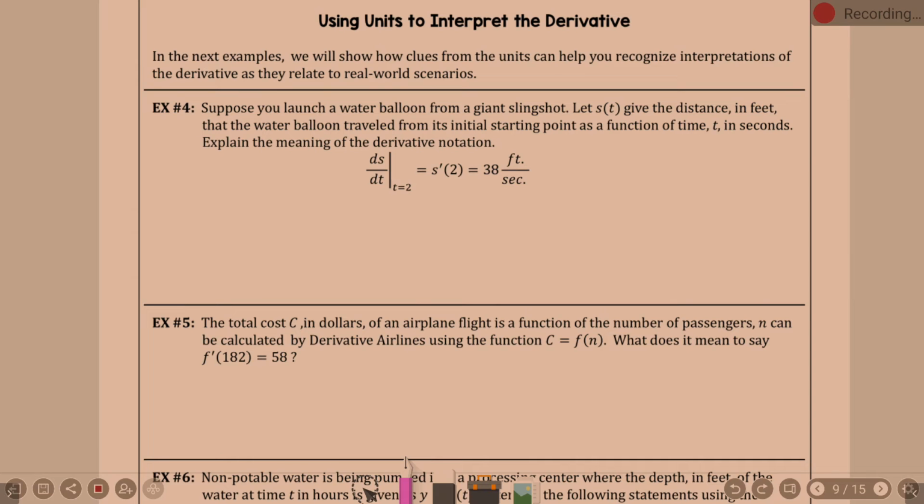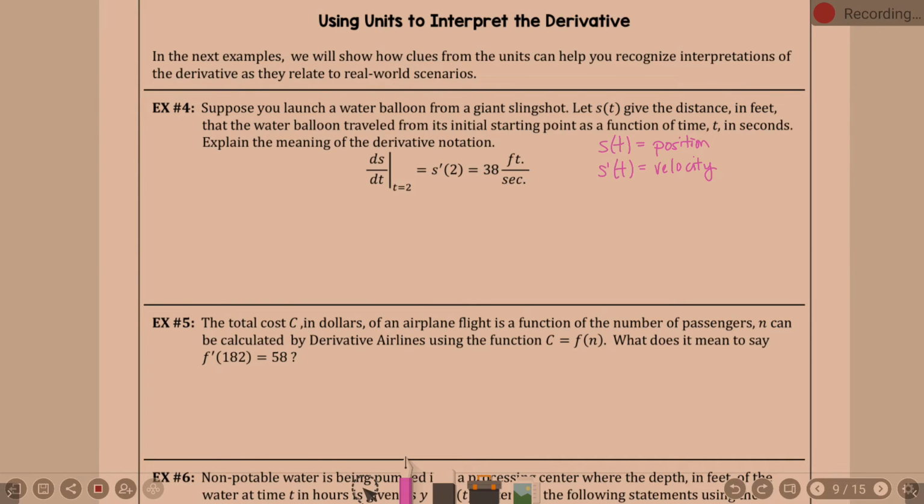And one thing I'll ask, what is s prime going to represent? Velocity, yes. Because we're starting with s of t, and s of t is your position function, right? So if s of t is position, then s prime of t is velocity. Okay, so what do we know?